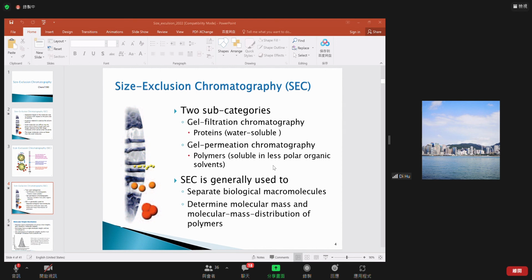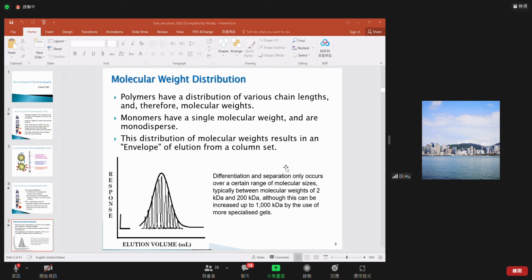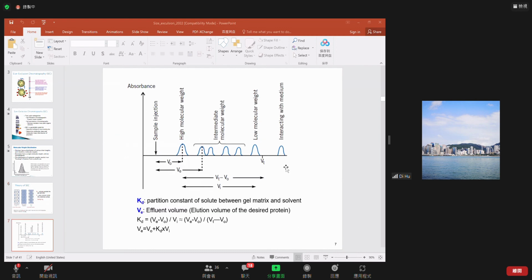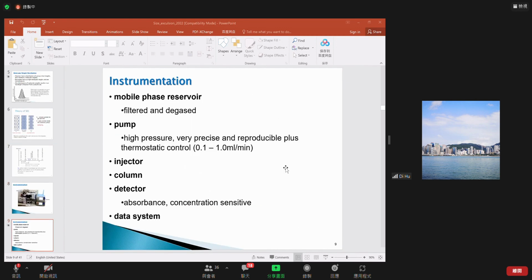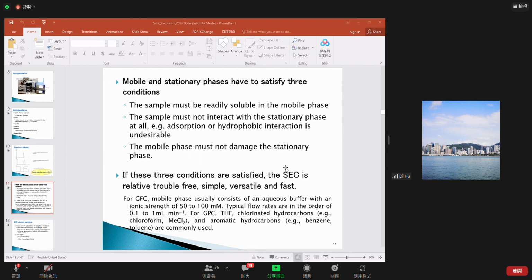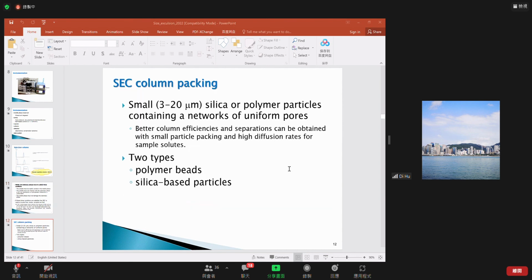You have to know which one is for which. We focus on gel permeation because we talk about its application for molecular weight distribution determination, right?